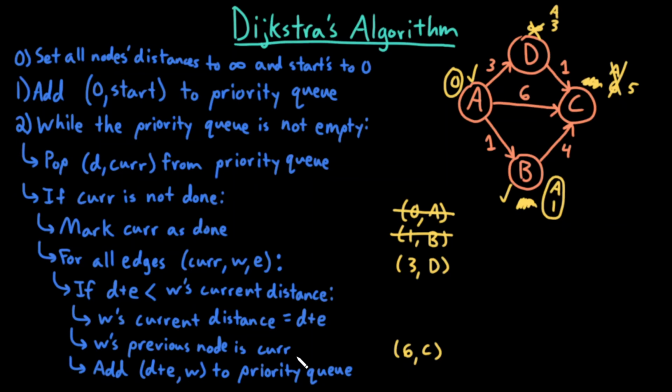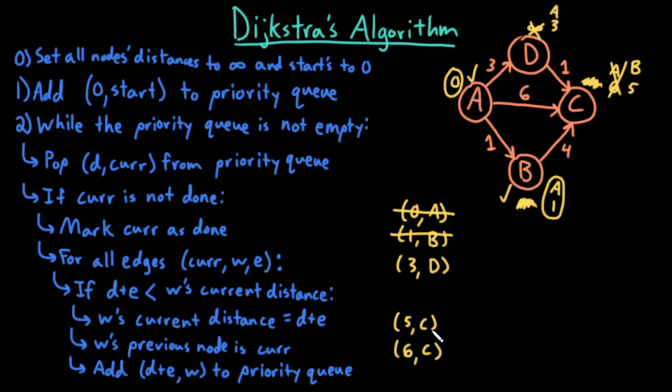And W's previous node is cur. So C's previous node, I'm going to set to B. I've just found a better way to get to node C if I go through node B. That better way will have a distance of 5. Okay, and now I add D plus E, W, so 5C to my priority queue.